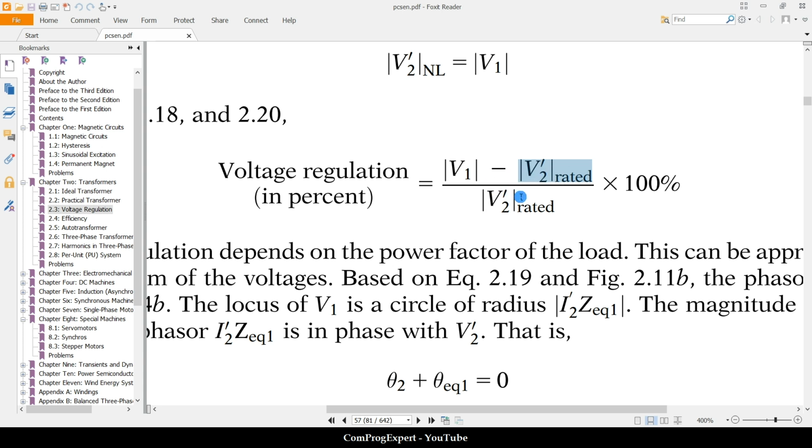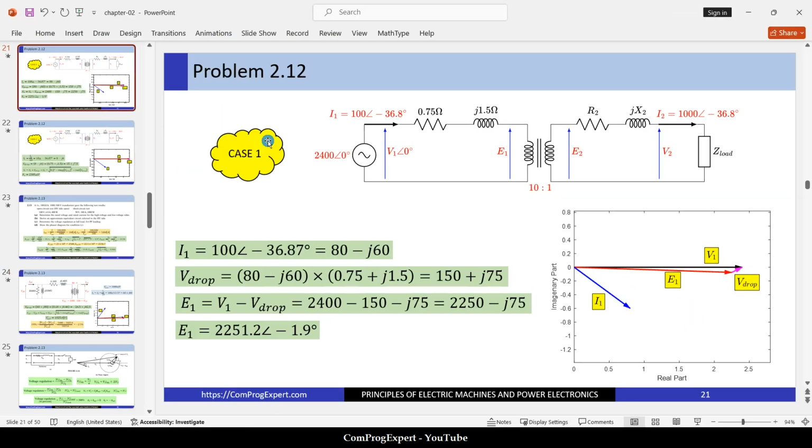For the full load, we will check how much increase we will have in the value of the V1. The calculation is even more simple, similar to the case one.